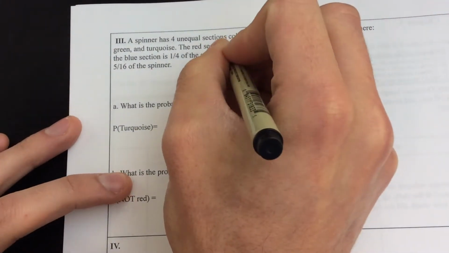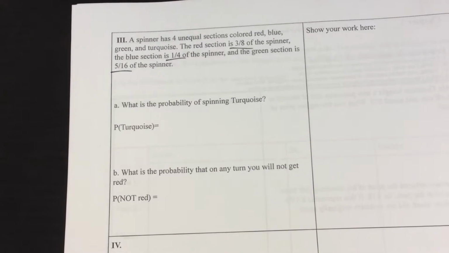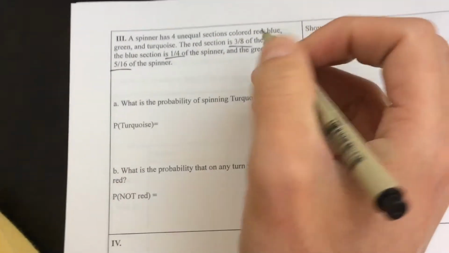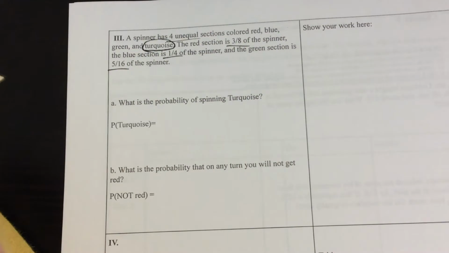So the red section is 3/8 of the spinner, the blue is 1/4, and the green is 5/16. What is the probability of spinning turquoise? I left out that there's 4 sections. So we're not telling you the turquoise side to start. So you have to figure that out.